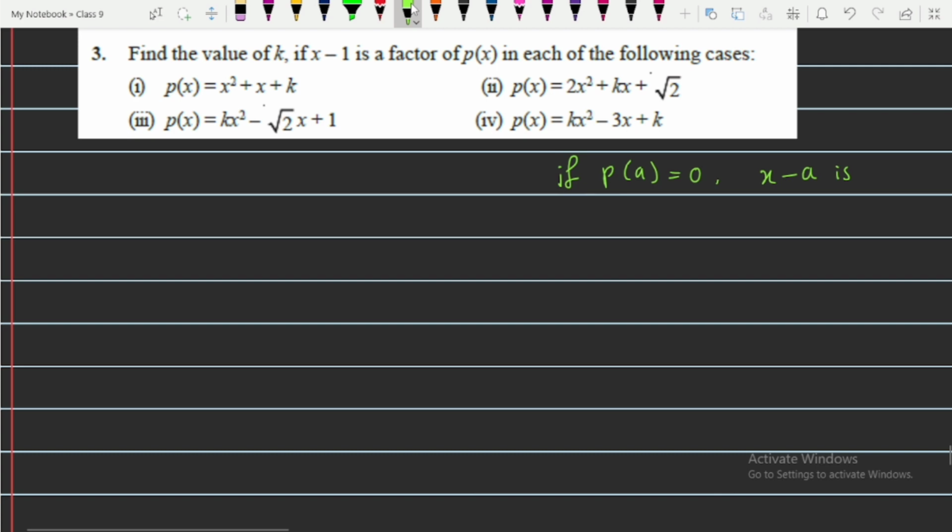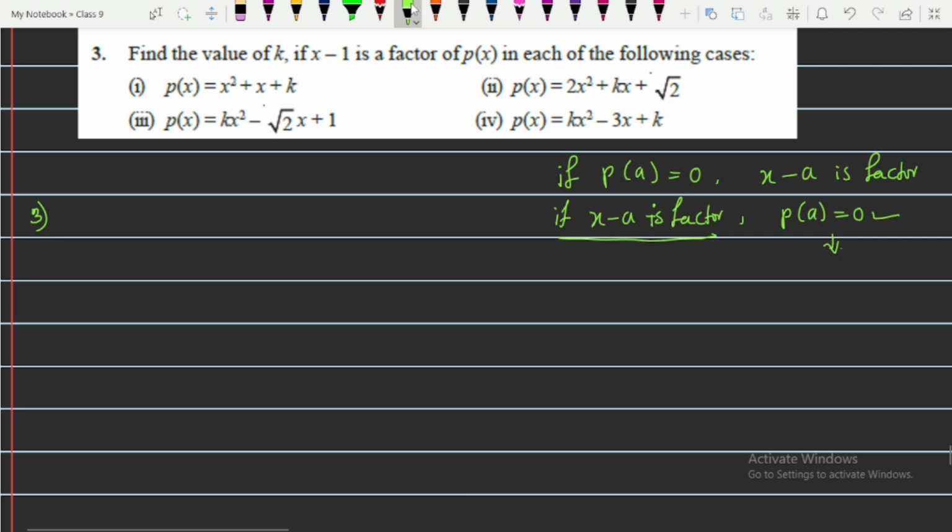If x minus a is a factor, then you can take p of a equal to 0, then you can simplify the answer. So now in question number 3, it is given that x minus a is a factor, then you are going to find p of a equal to 0. You are going to take p of a equal to 0, then you can find the value of k. Okay, yes. So in question number 3, we are going to do the first one.